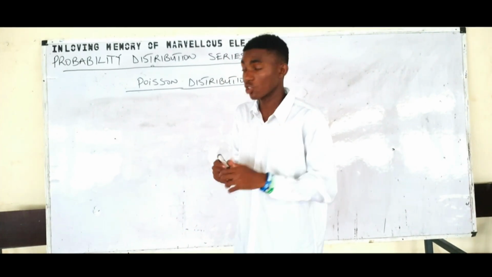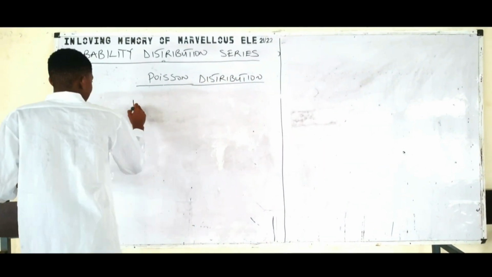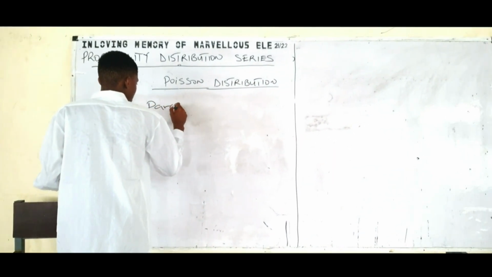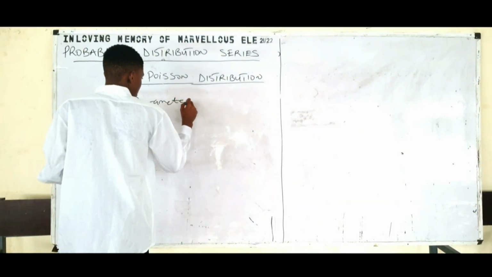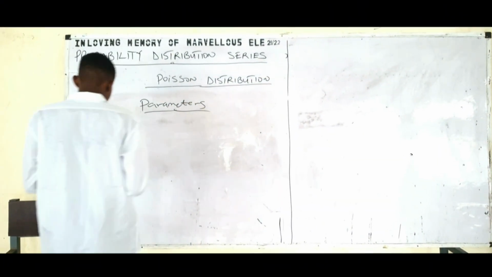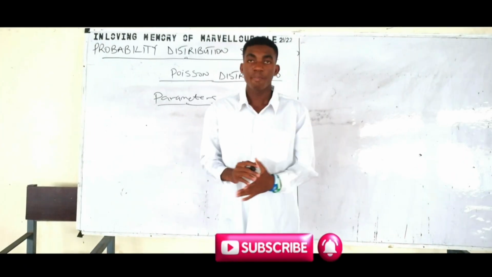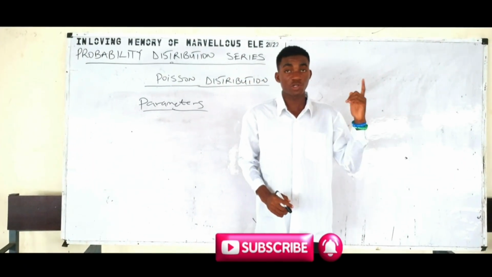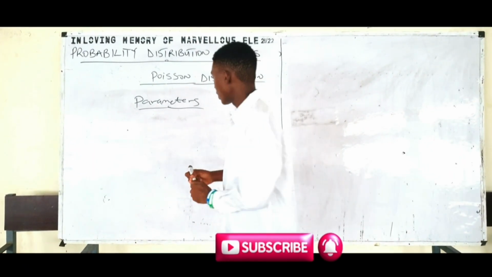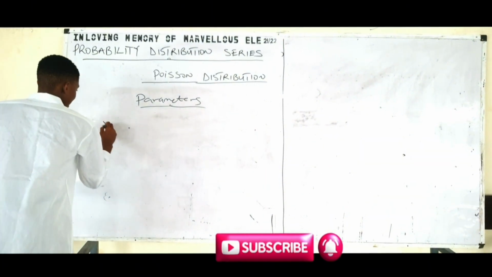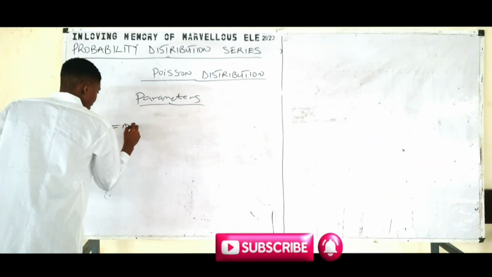And let me show you the parameters of Poisson distribution. Poisson distribution, just like the binomial distribution, also has parameters. What are the parameters? Lambda, which stands for the mean.